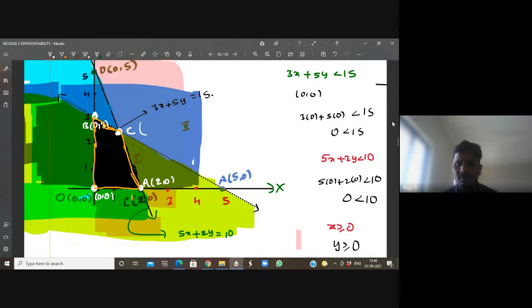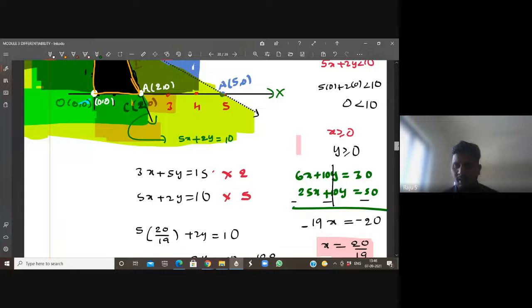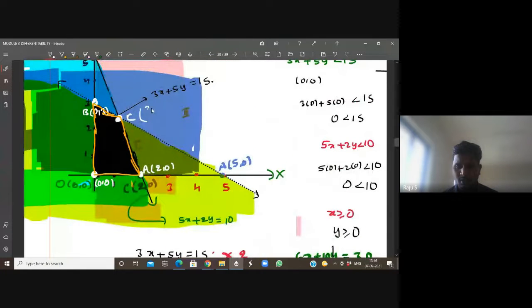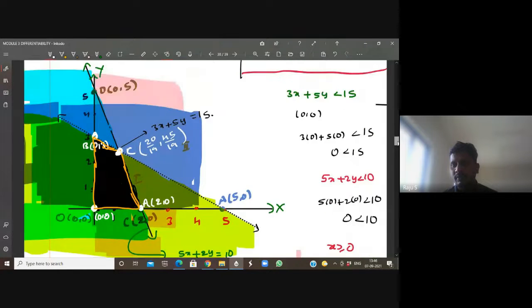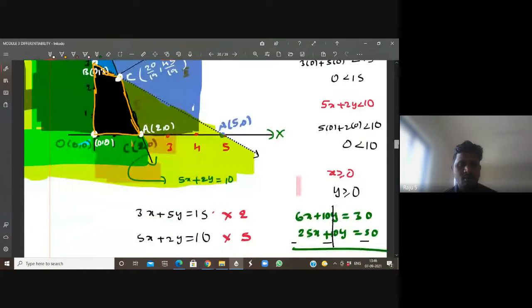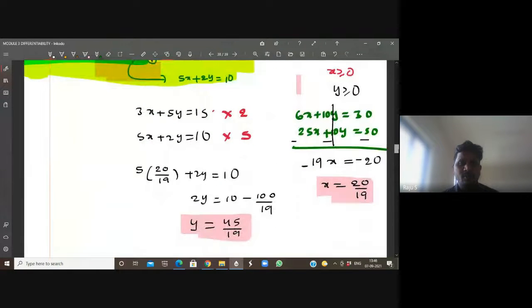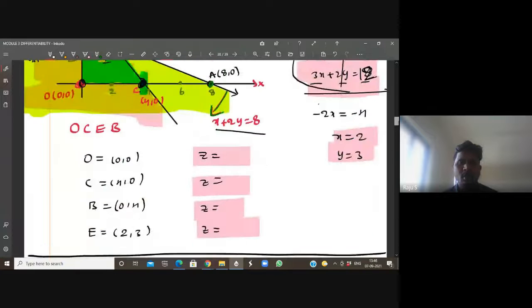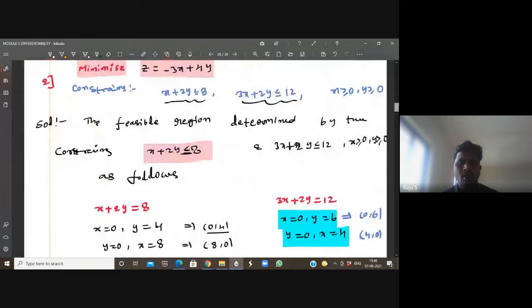The x value is 20 by 19, y value 45 by 19. Therefore, what about the corner points? Look at here, I have written the corner points clearly in the first one.